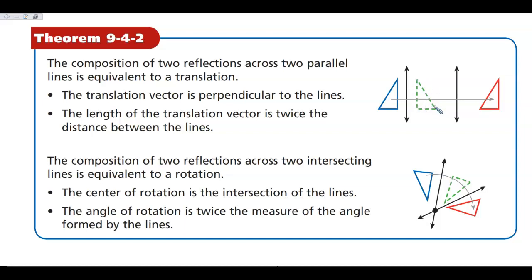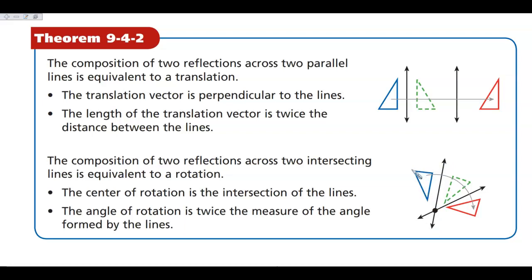If I reflect the green triangle over this parallel line, it becomes this red solid triangle. So if I look at the blue all the way to the red, notice that it is just a translation straight across.